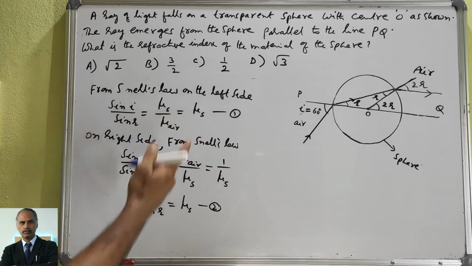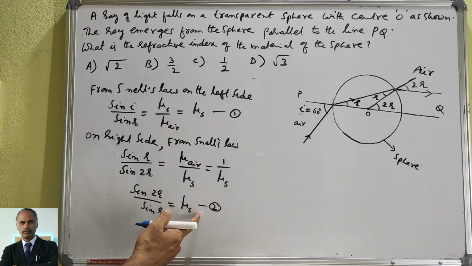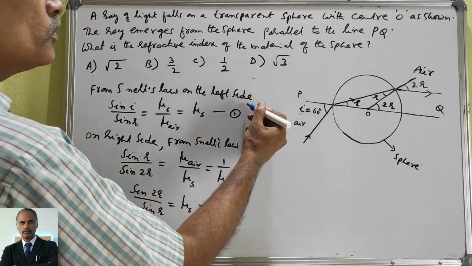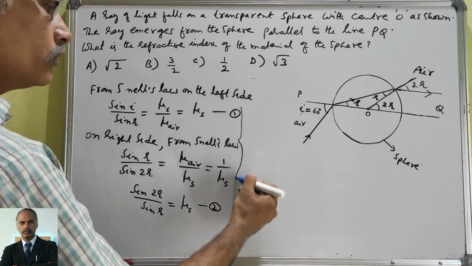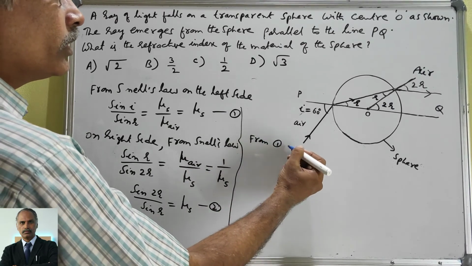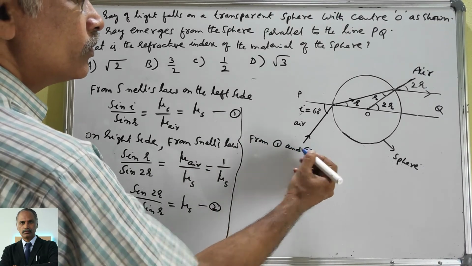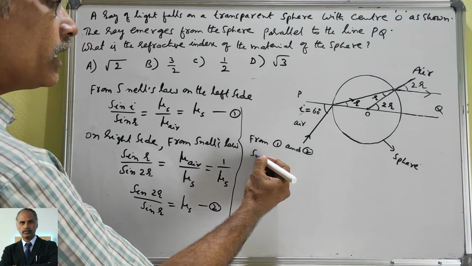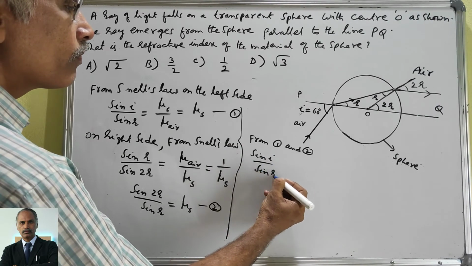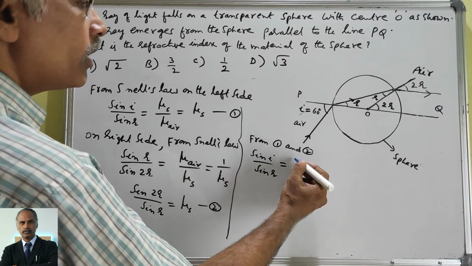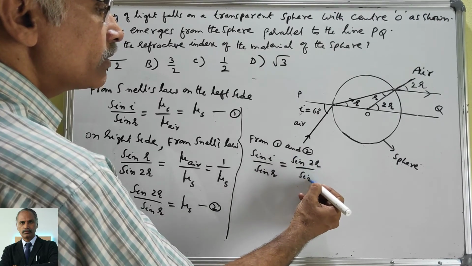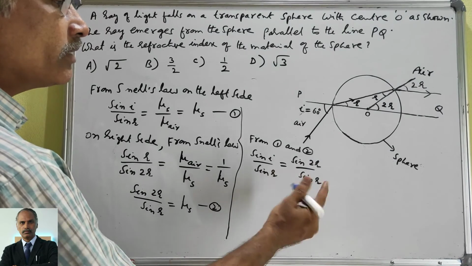Now from equations 1 and 2, we get sin I by sin R equal to sin 2R by sin R. So sin R gets cancelled.